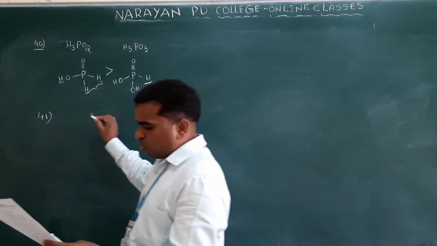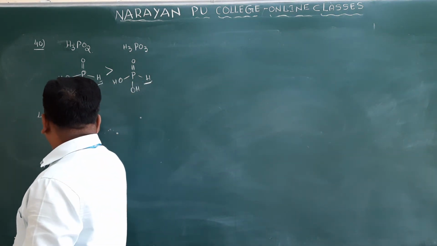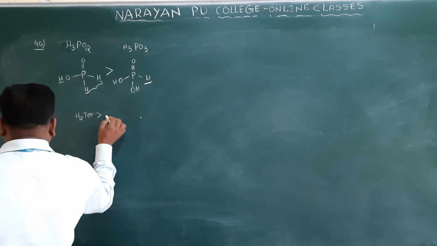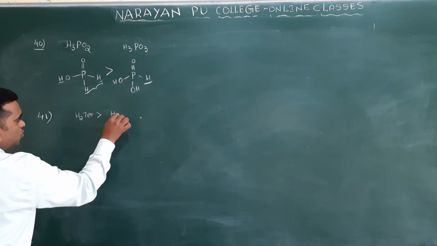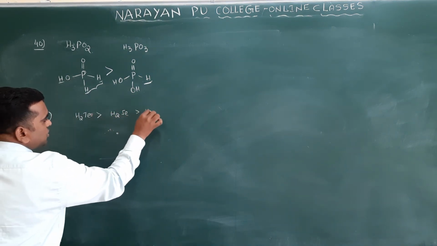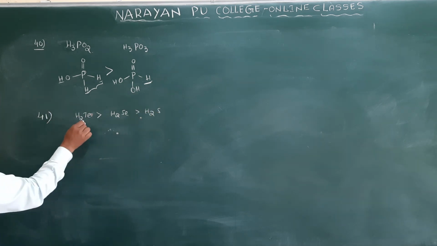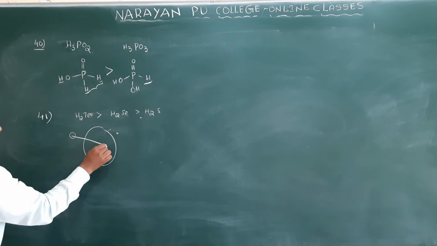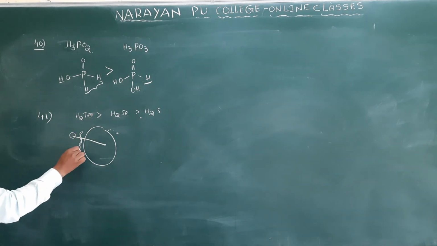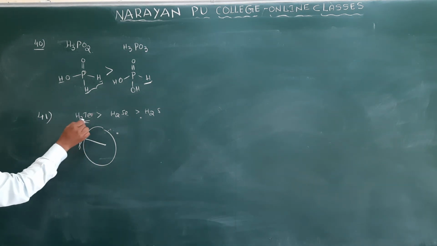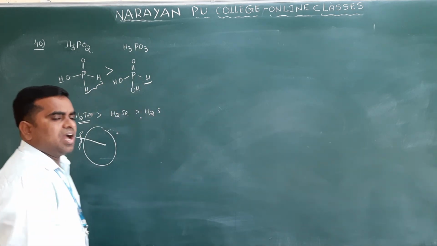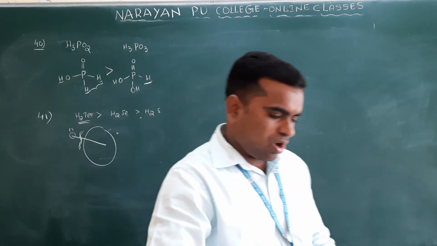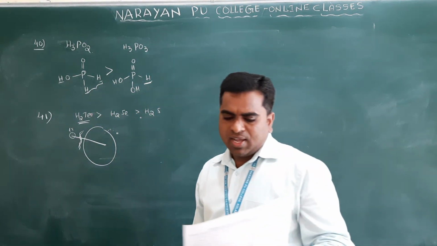So H2Te is more acidic than H2Se, which is more acidic than H2S, because the bond between hydrogen and tellurium is very weak, so it breaks easily and the compound gives H plus ions very easily to other substances. That is a strong acid. So option 1 is the correct one.